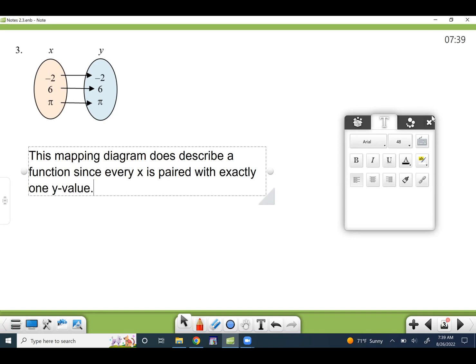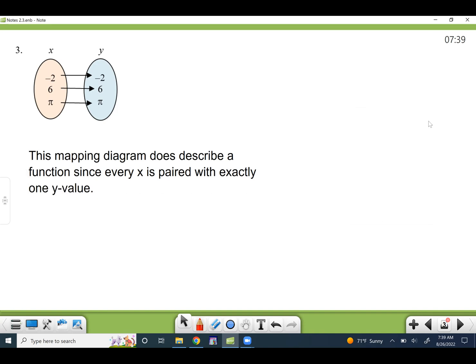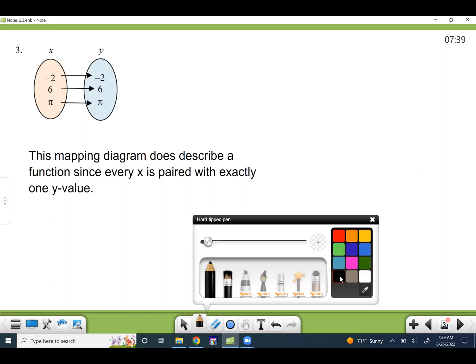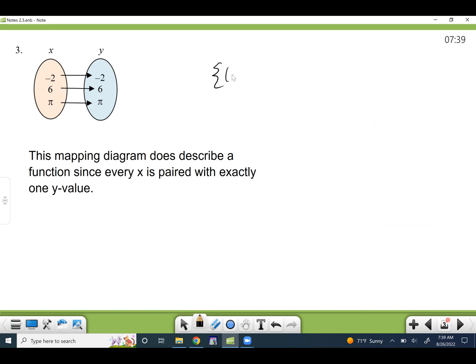There's another way to write a function. Just by the way, this is exactly this, just written differently. -2 goes with -2, 6 goes with 6, and pi goes with pi. So we could write it that way if we wanted to.